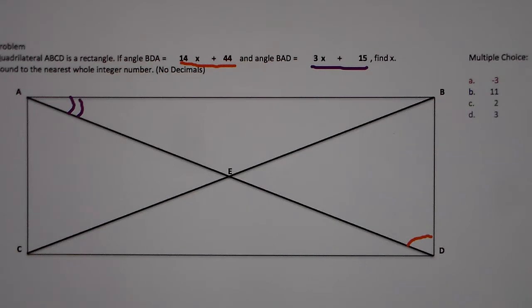Now we know from previous lessons that angle B up here is a 90-degree angle because we're told that this quadrilateral is a rectangle. So this orange angle plus the red angle plus the purple angle, these three angles added together, equal 180 degrees because this is a triangle.